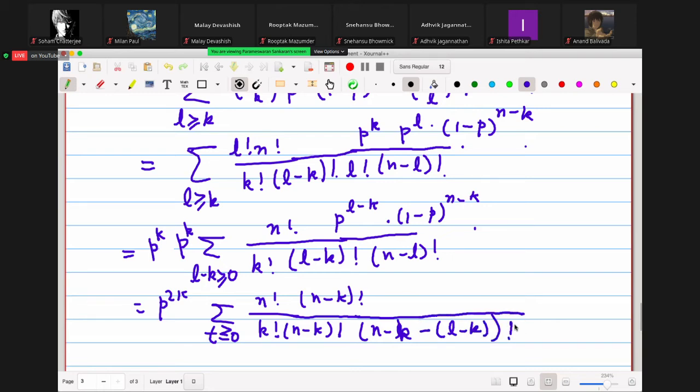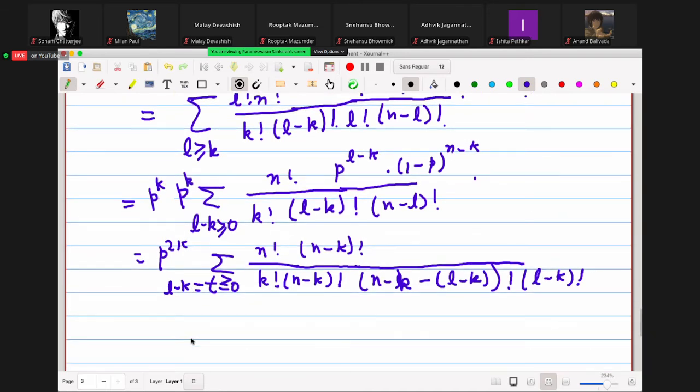Factorial. Okay. And (L minus k) factorial. So this is equal to L minus k. I'm going to change it to t in a minute, but in the numerator, what do I have? I have p power L minus k.